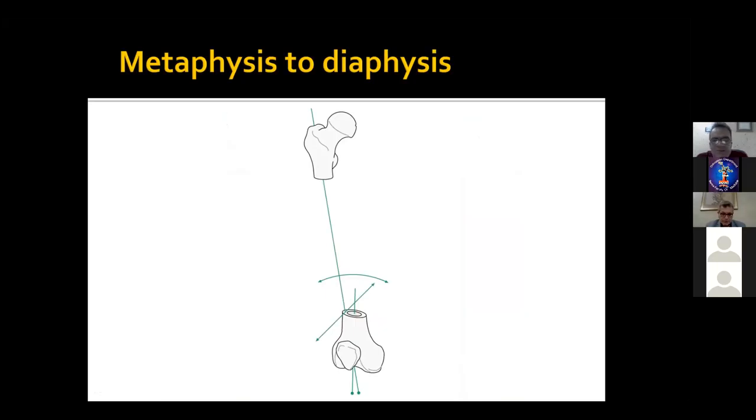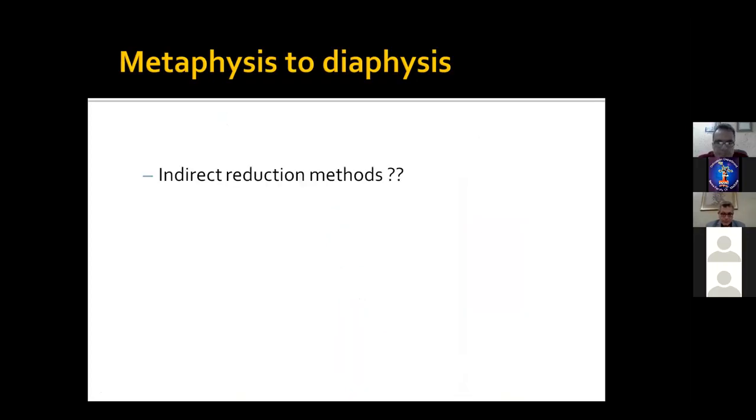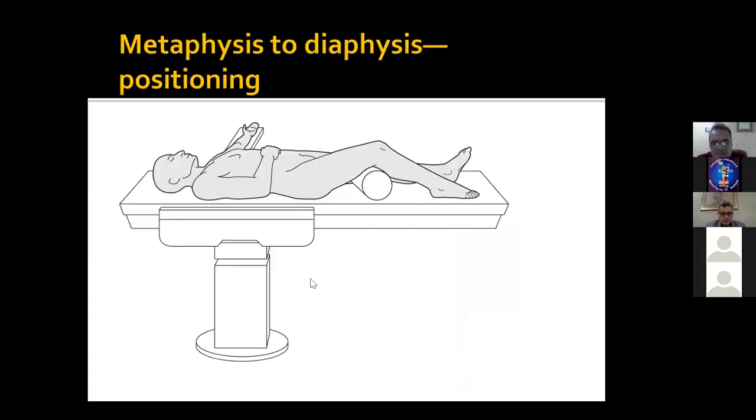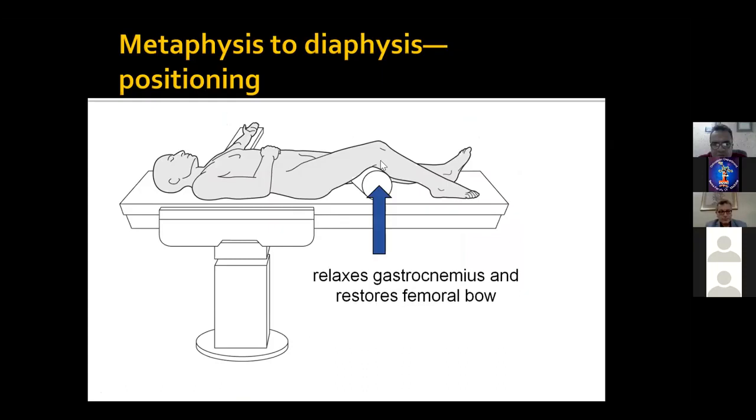Then we need to fix the metaphysis to the diaphysis, and to do that we need to restore the alignment, the rotation, and the length. We use indirect reduction methods, such as a towel or a pillow under the knee to relax the gastrocnemius and restore the bow of the femur.